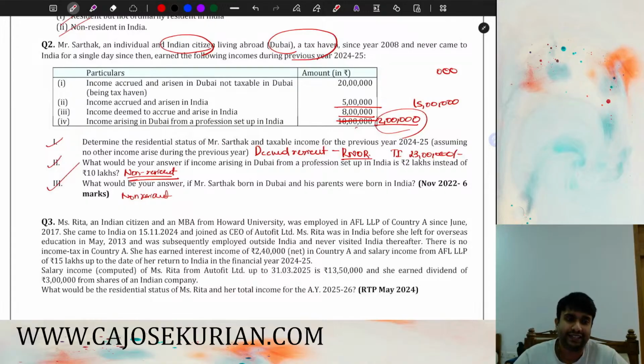So if Sarthak is born in Dubai and his parents are Indians, then we can call him of Indian origin, but he's not an Indian citizen. Alright? So if he's an Indian citizen only, that deemed residency status will come into the picture, otherwise not. And hence, in that case also we can conclude that he is a non-resident.